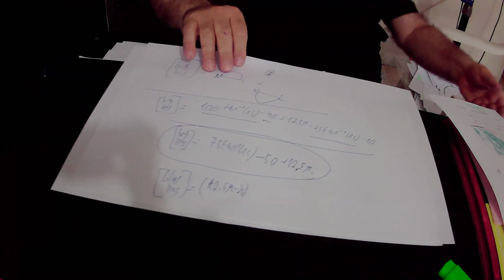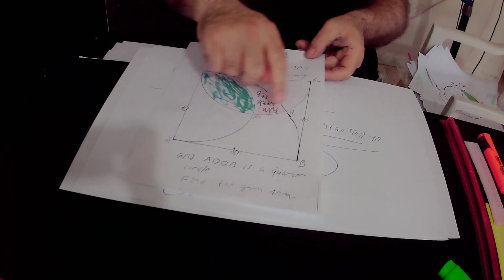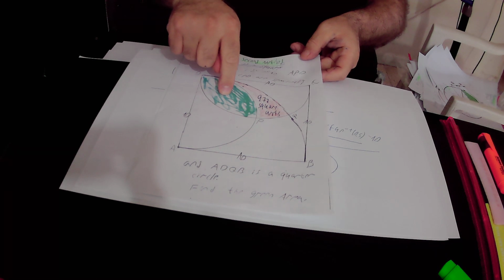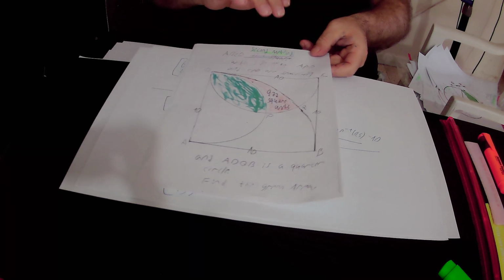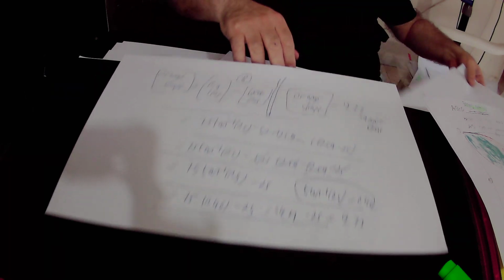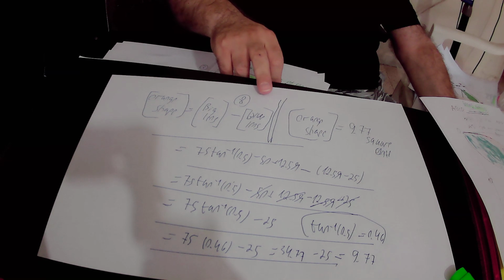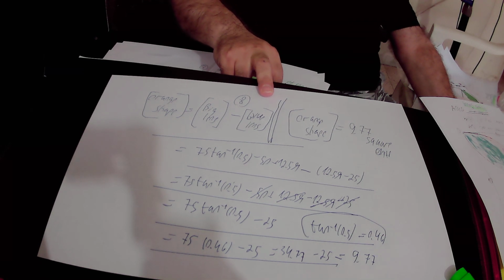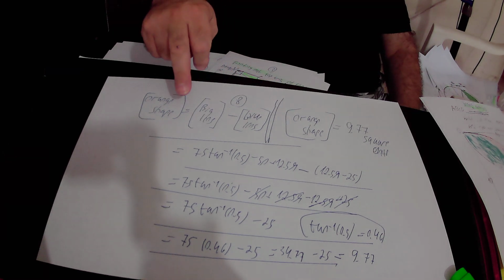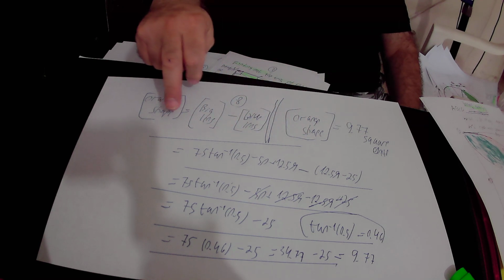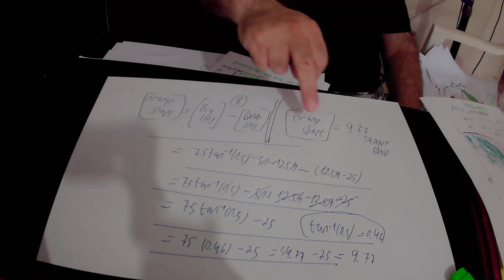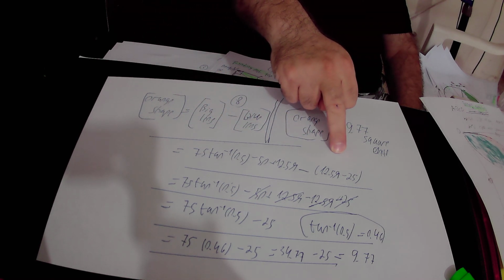And we know that the area of the big lens minus the area of the blue lens equals the area of the orange shape. So here, I repeat again that the area of the orange shape equals the area of the big lens minus the area of the blue lens. This expression equals the area of the big lens. This expression equals the area of the blue lens.